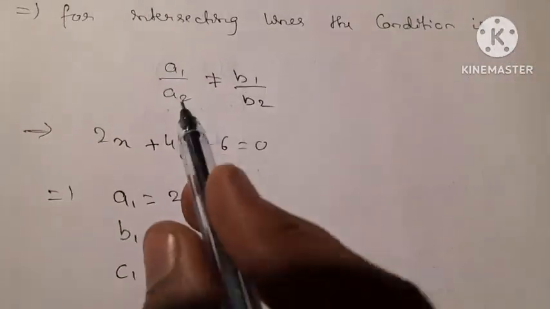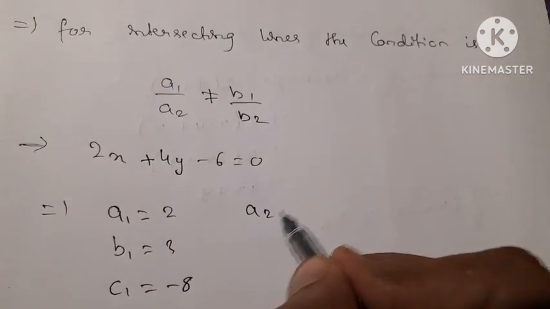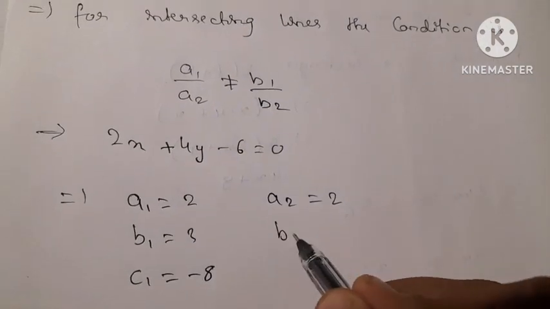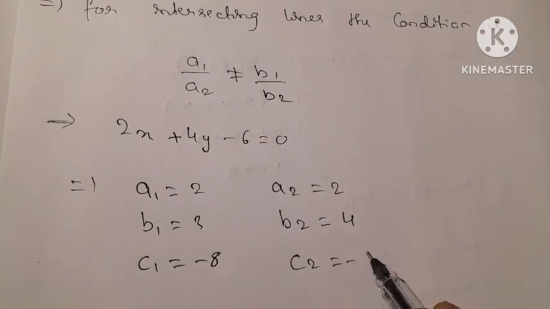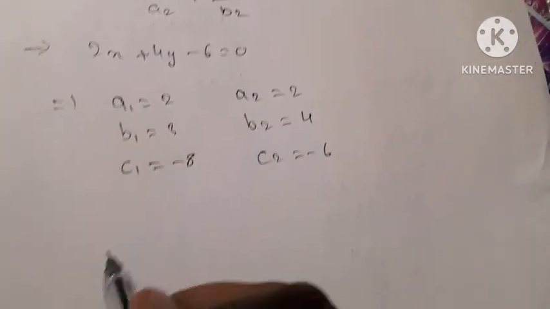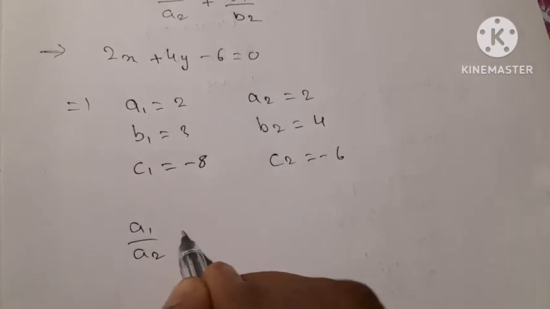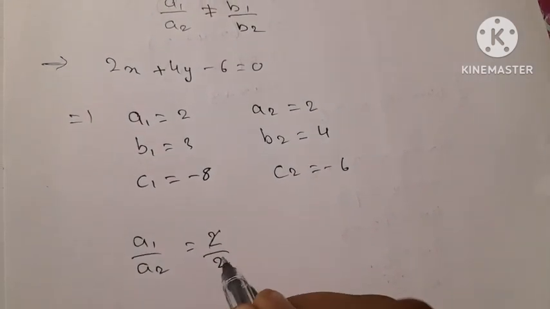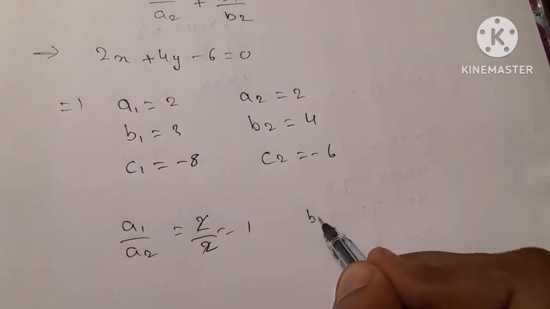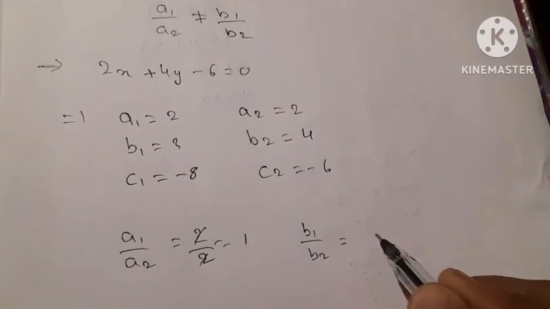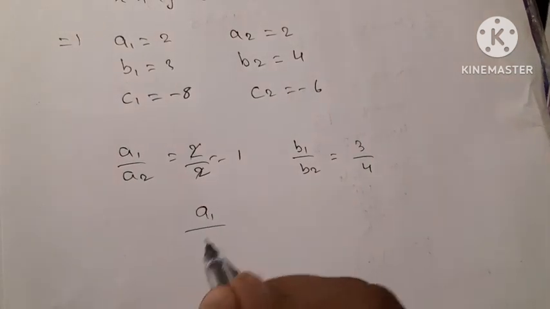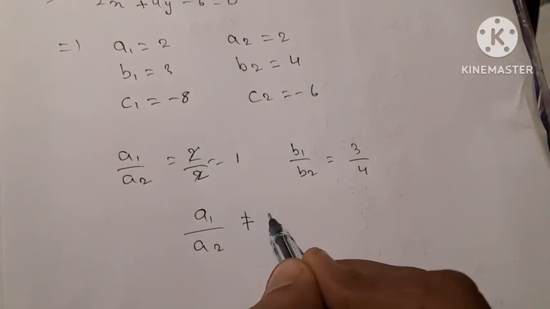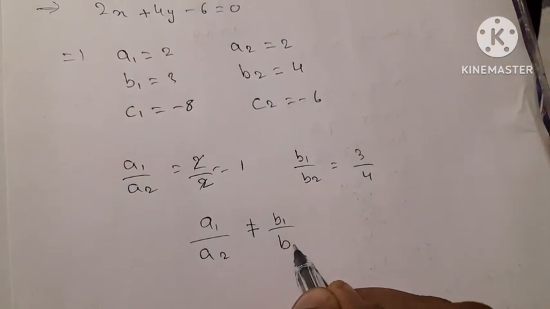Similarly, for this equation, a2 is 2, b2 is 4 and c2 is minus 6. So a1 by a2 is 2 by 2, equal to 1, and b1 by b2 is 3 by 4. So we can see here a1 by a2 is not equal to b1 by b2.